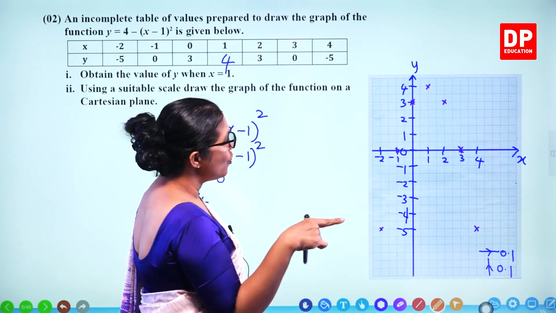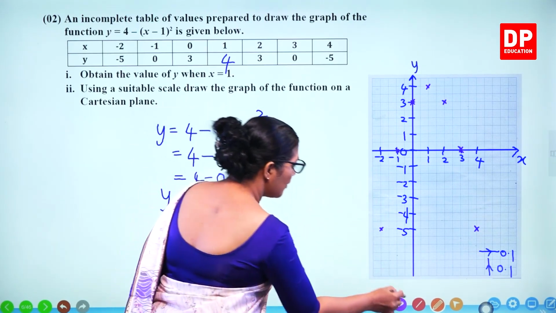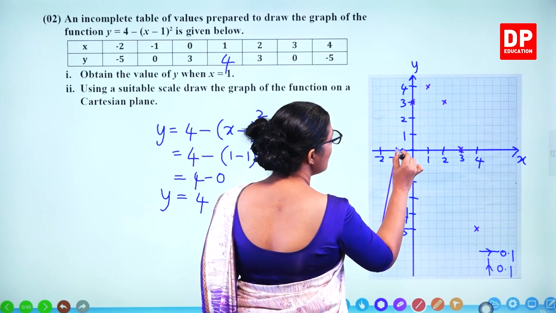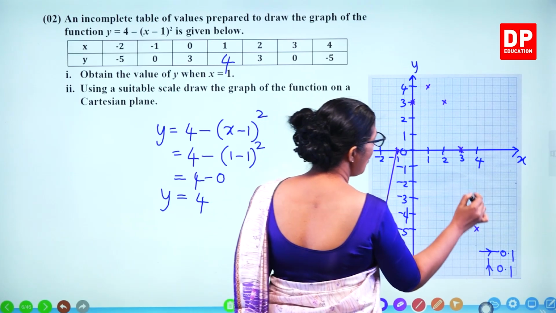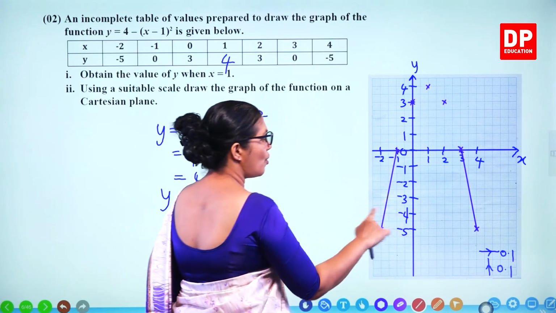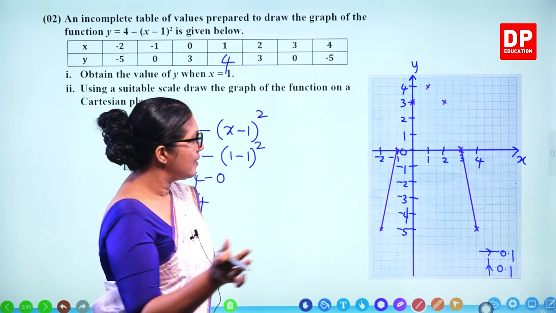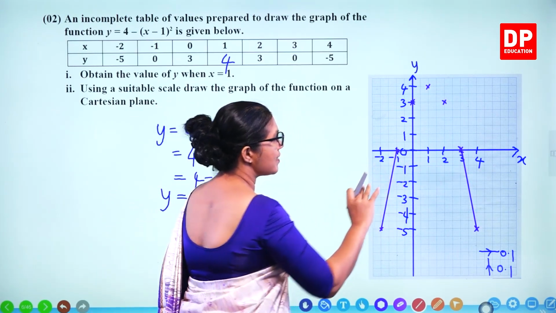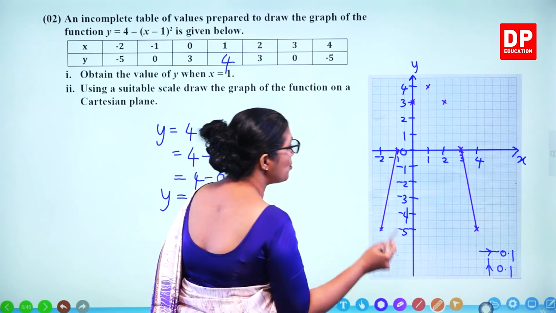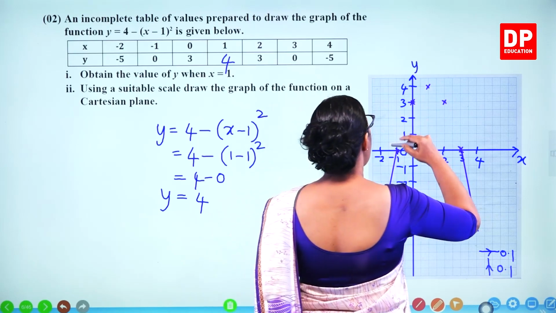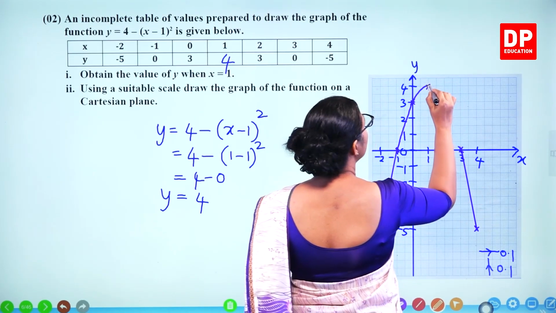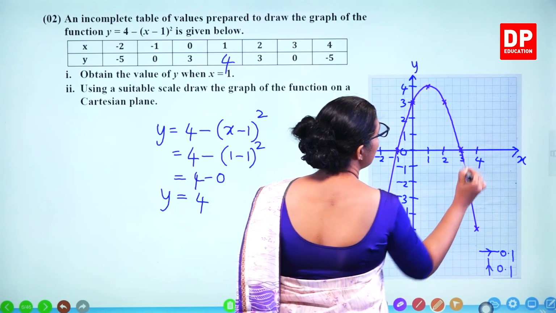Now you have to smoothly connect. So what's my advice always? You can use the ruler only to draw the corner points, the outer ones. But when it comes to the curve part, you can't use the ruler. So now smoothly you have to connect here to here and here to here.